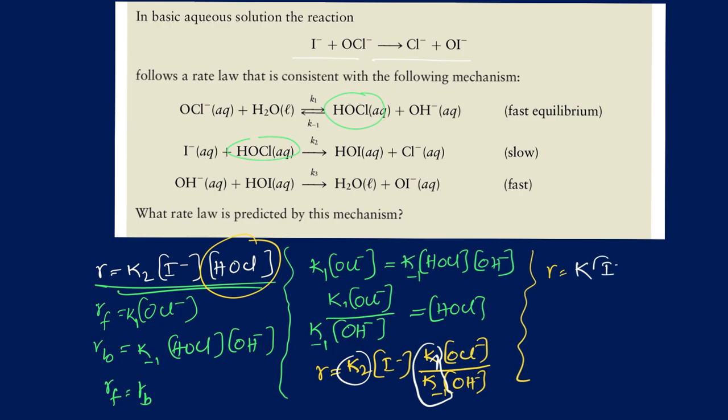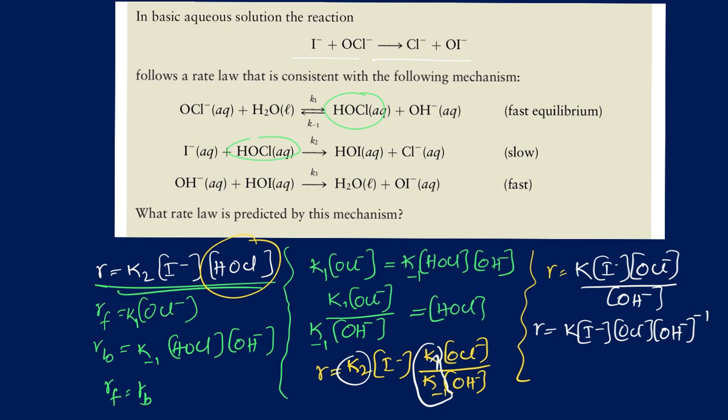So rate law is equal to K [I minus][OCl minus][OH minus] to the power minus 1.